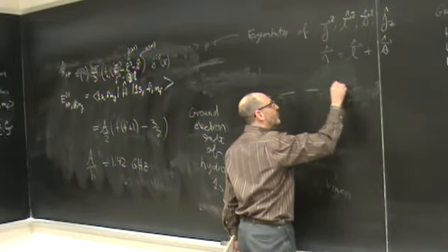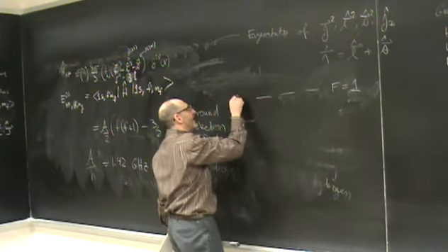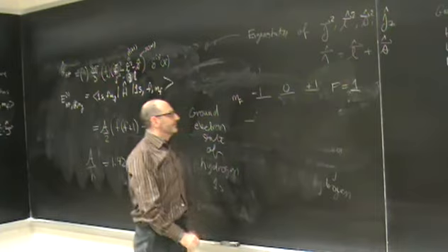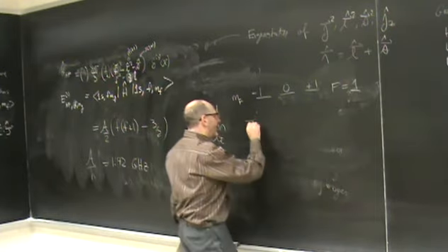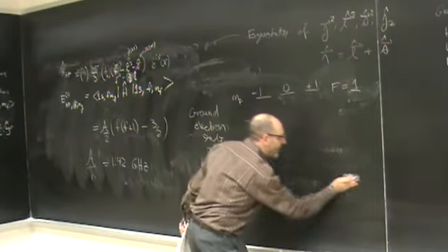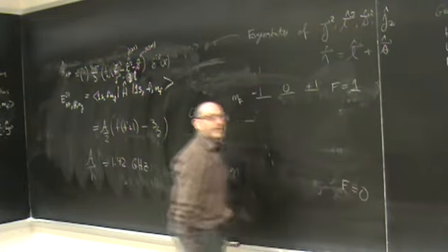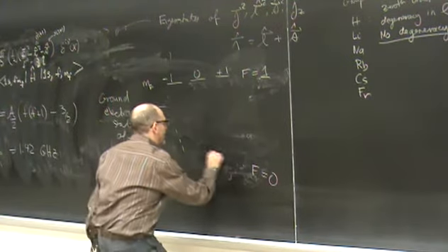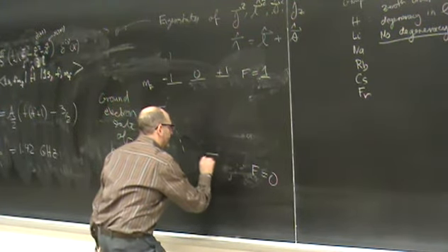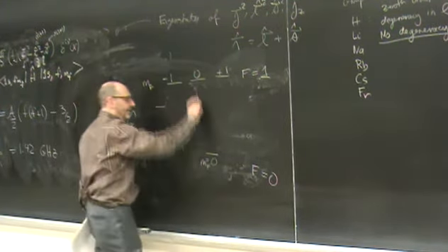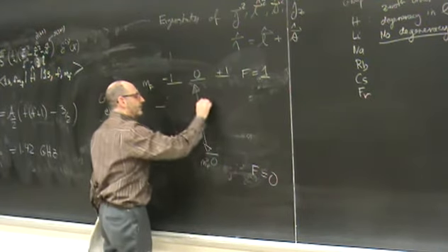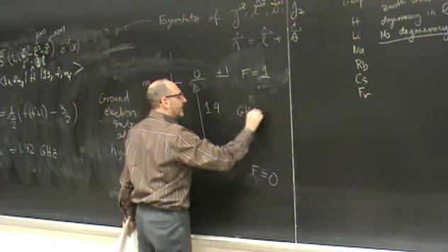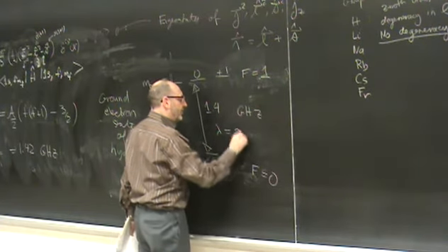So this is F equals 1, and there's M sub F equals minus 1, 0, and plus 1. And then we go down, and we have F equals 0, which has only one state, M sub F equals 0. And this splitting is 1.4 gigahertz, or lambda is 21 centimeters.